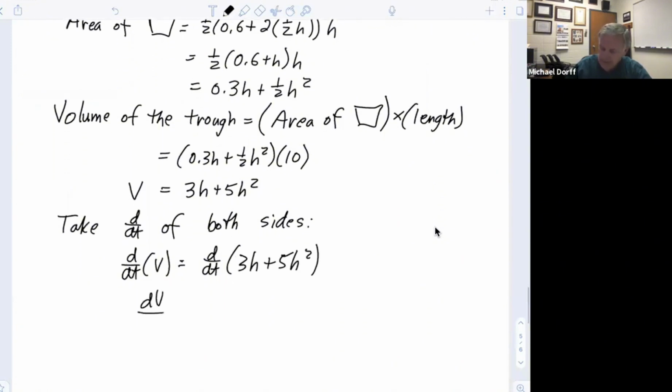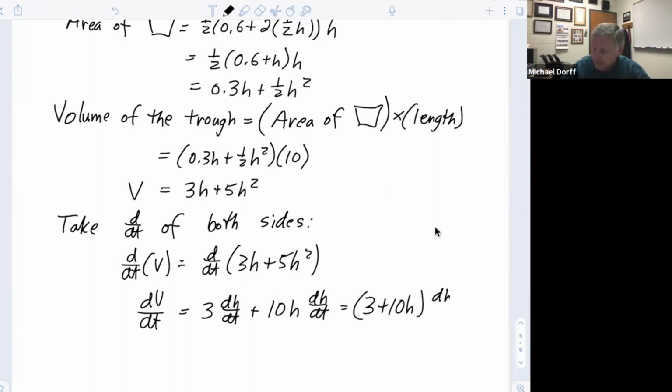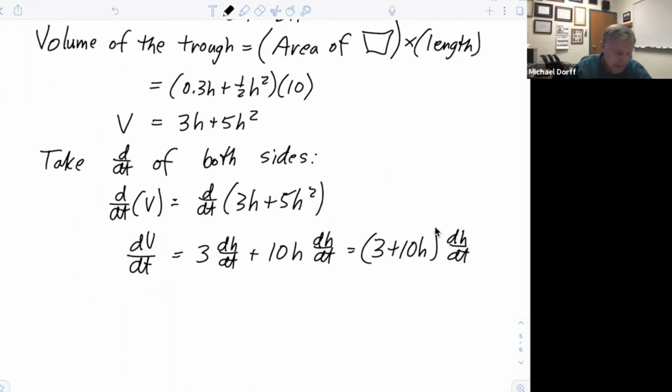That gives me dV/dt equals 3 dh/dt plus 10h dh/dt, which I can write as (3 plus 10h) dh/dt.